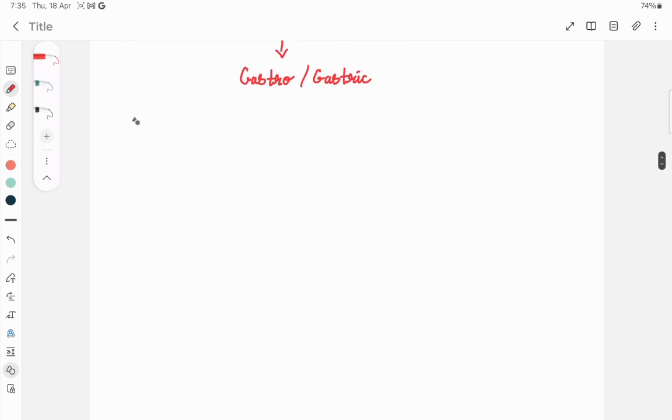So the stomach is a muscular bag. What is stomach? Stomach is a muscular bag, and it is the most distensible part of the whole GI system.